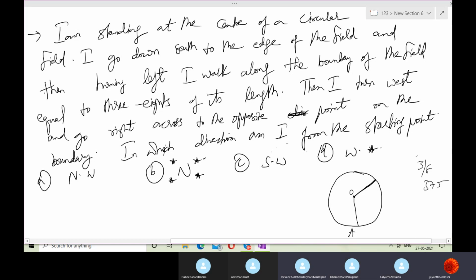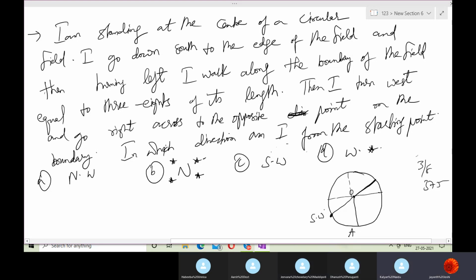If it is 37.5, roughly 40%, this is 60%. Now I turn west and go right across to the opposite point on the boundary. So from here I would take exactly here. So now you tell me, what is this direction?